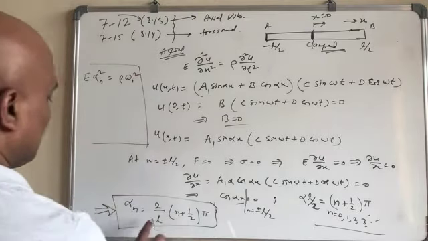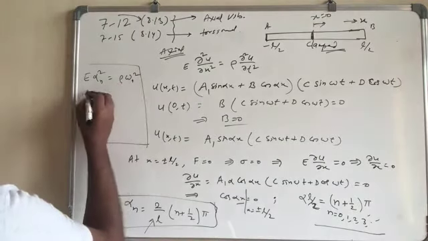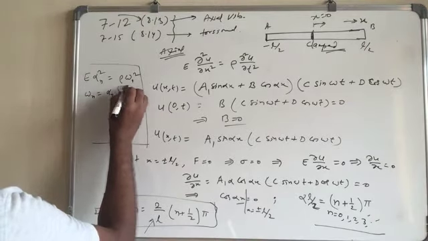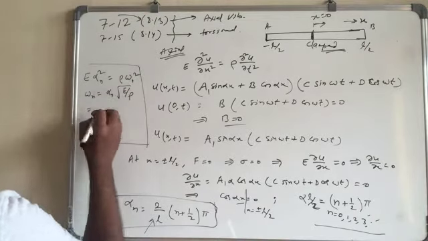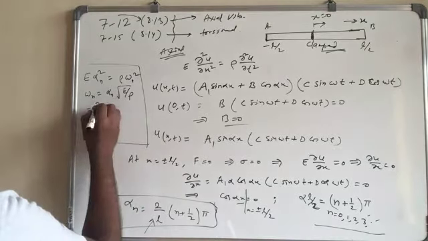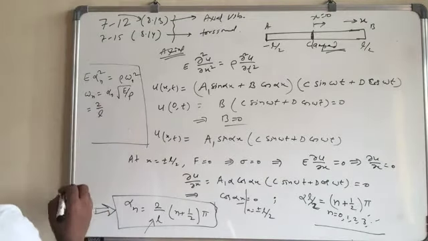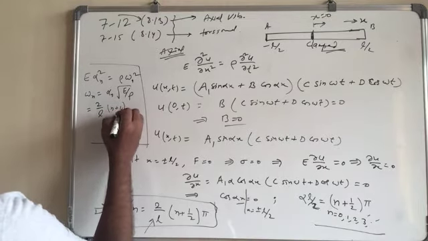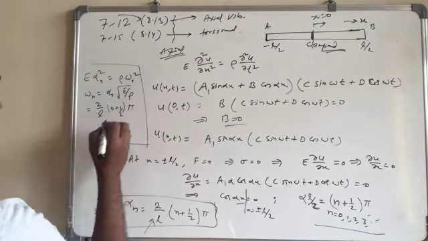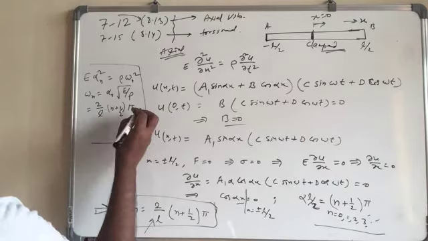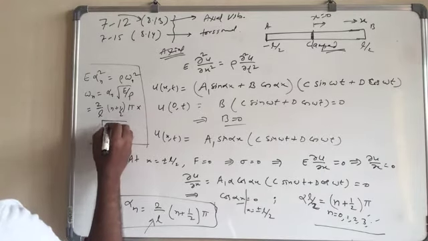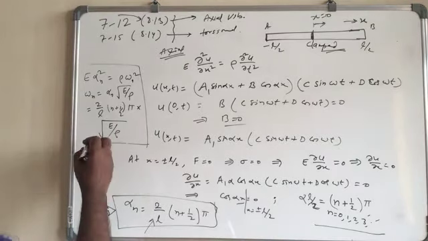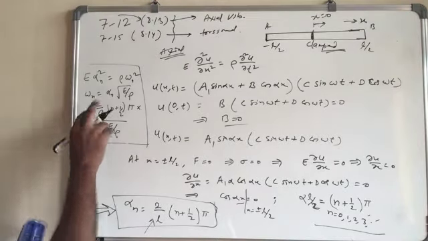So omega n equals alpha n root E over rho, and this is 2 over L times n plus 1 over 2 times pi. So this is alpha n multiplied by root E over rho. This equation you can utilize; this is the final equation. This equation will solve both problems.